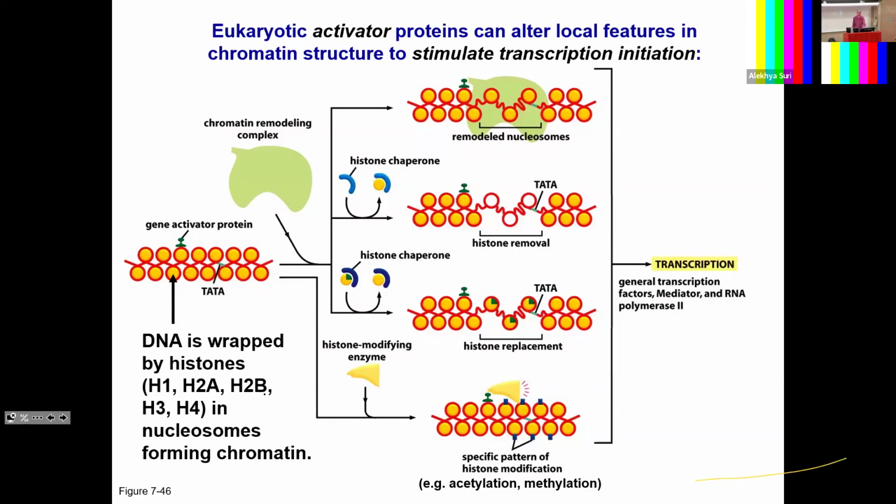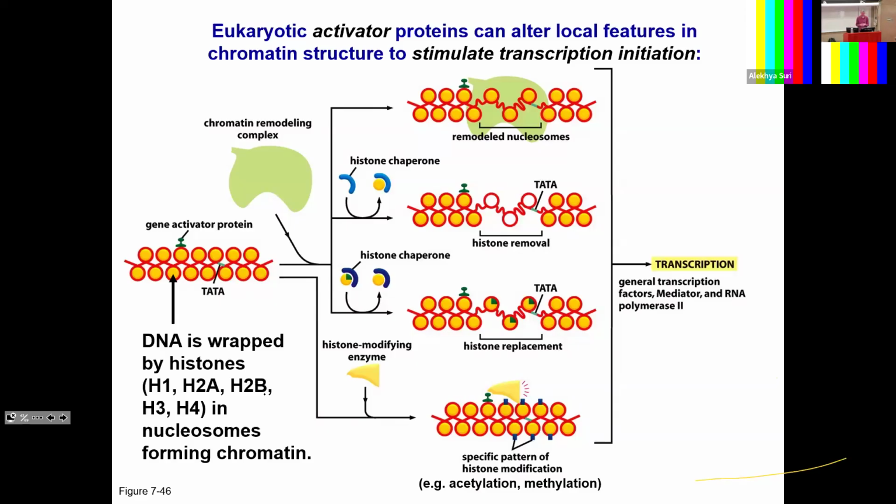They may also remove histones, they may replace histones, and they may also form specific patterns of histone modification like methylation and acetylation, which can be added and removed.